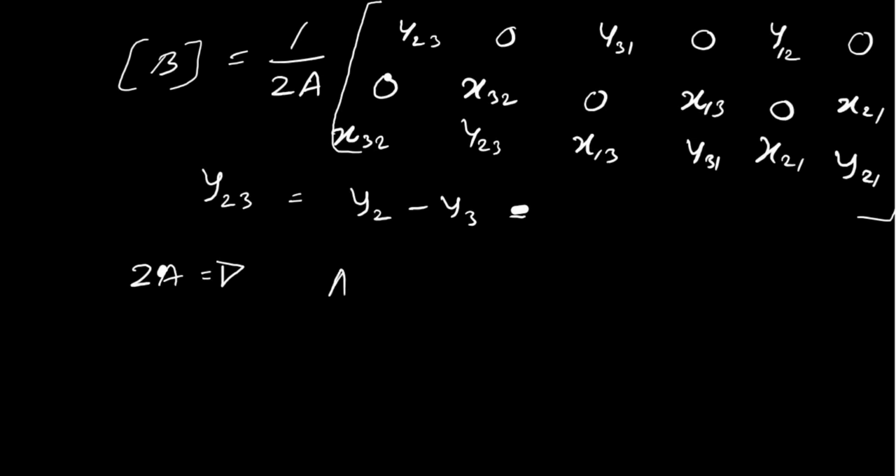Area is equal to again 1 by 2, and these two both will cancel. So if we calculate the area, then that is equal to 2A.